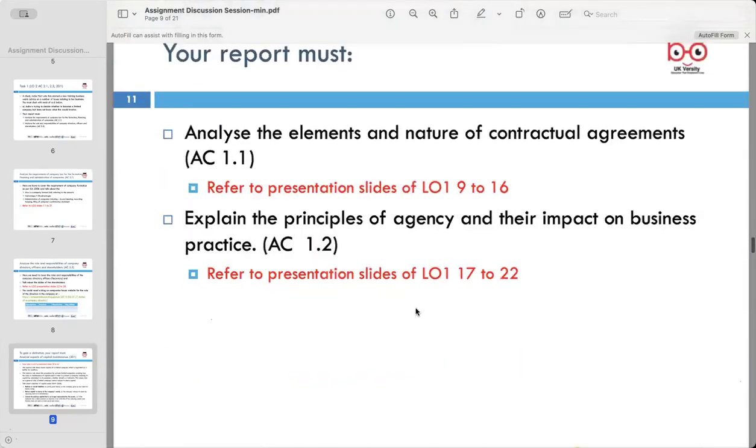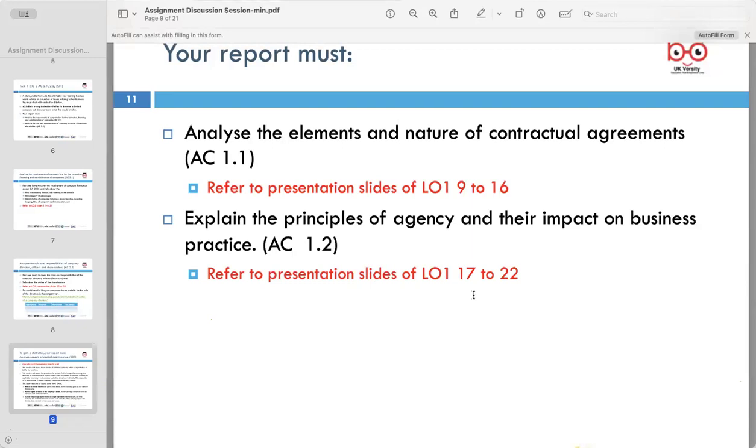So your report must analyze the elements and nature of contractual agreement. Refer to learning outcome 1, our very first lecture, pages 9 to 16. Refer to presentation slides, then explain the principle of agency and its impact on business practices. Refer to presentation slides 17 to 22.